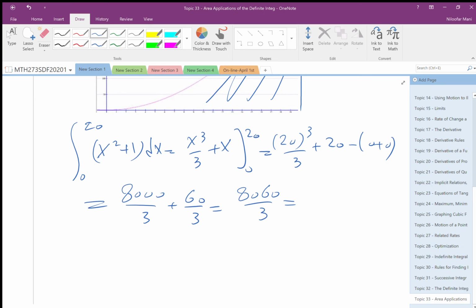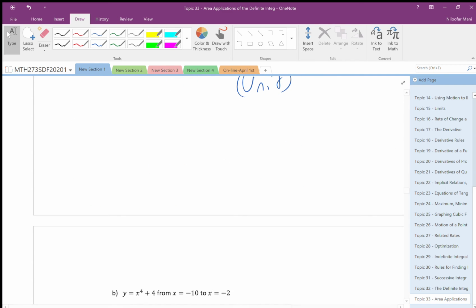Which is 2686 and 2 over 3 unit squared. If I make a mistake anywhere, you just tell me.